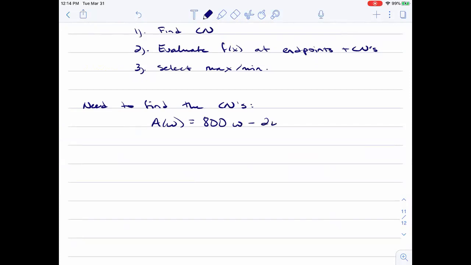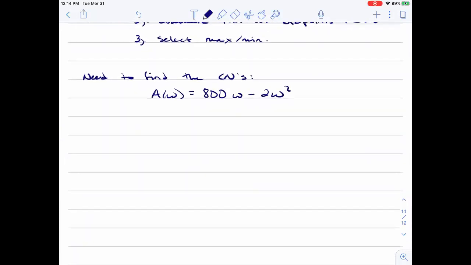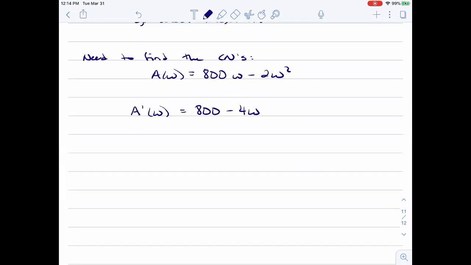So the first derivative is 800 minus 4W. A type 1 critical number is where this thing equals 0. A type 2 critical number is where this thing doesn't exist. There are no fractions, no square roots.